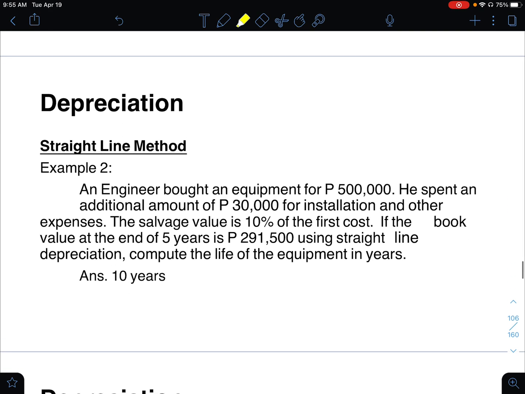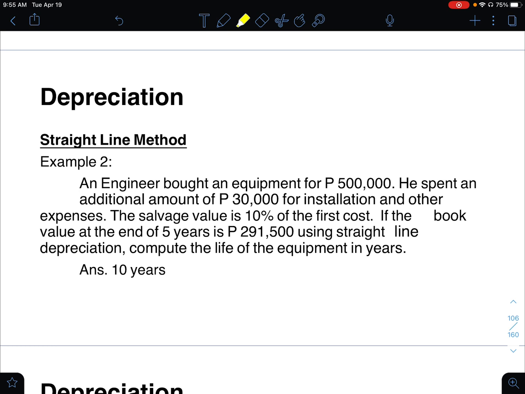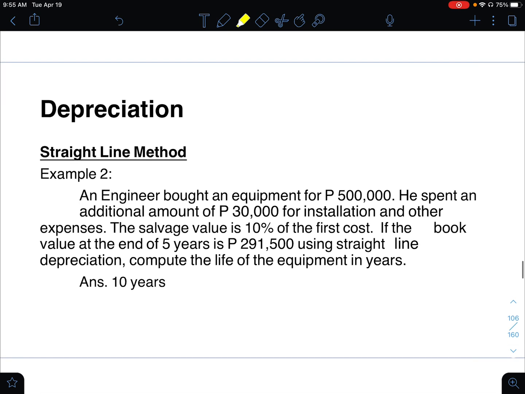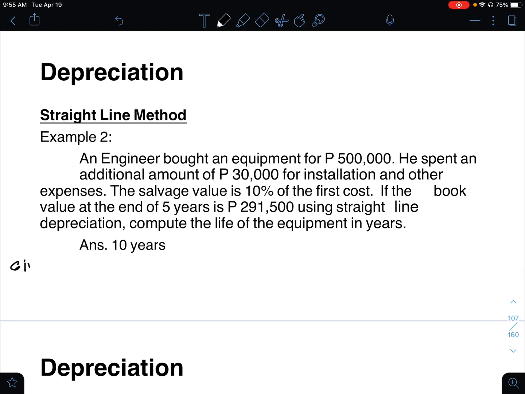Now, let's go on with, I think, a little bit difficult, no, average. So, an engineer bought an equipment for 500,000 pesos. He spent an additional amount of 30,000 for installation and other expenses. So, tan-awa pa lang, mag-butang na ta og given with those words na giingon sa problem.